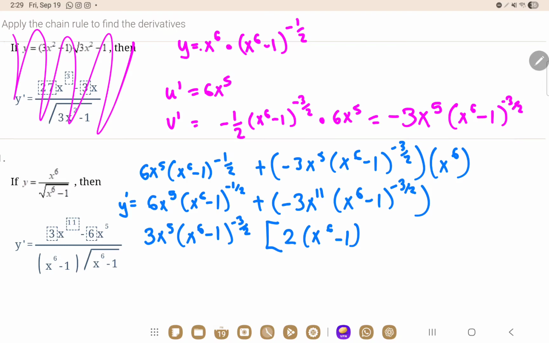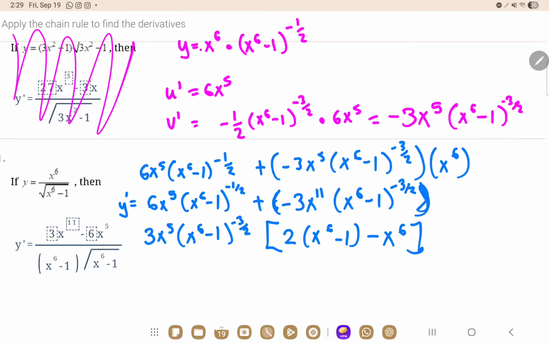So this is going to be times, or minus, x^6, because we took out 3x^11, we're only left with x^6 from this part of the equation.